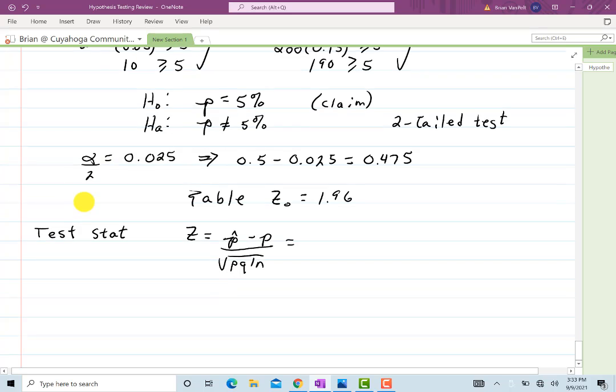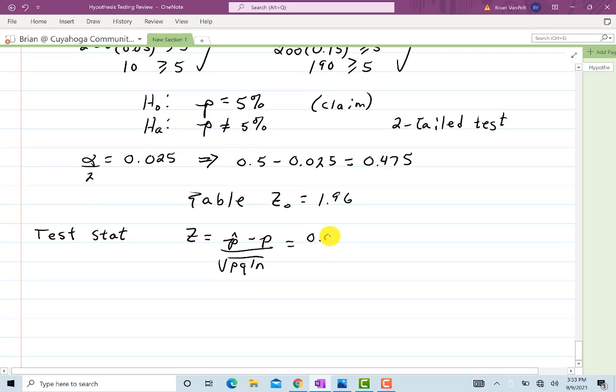So we have 0.06. p was 5%, 0.05. Divided by the square root of p is 0.05 times q is 0.95, and then times n, which was 200. And from this, I got approximately 0.65.